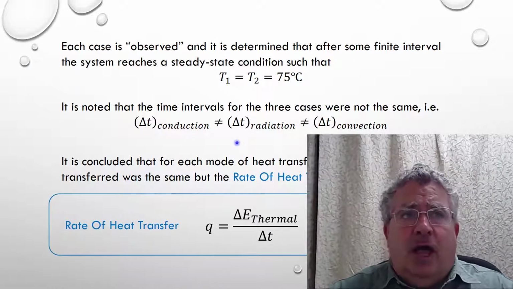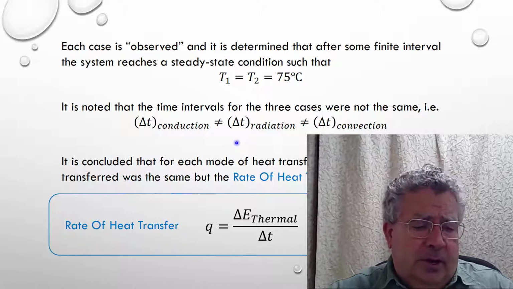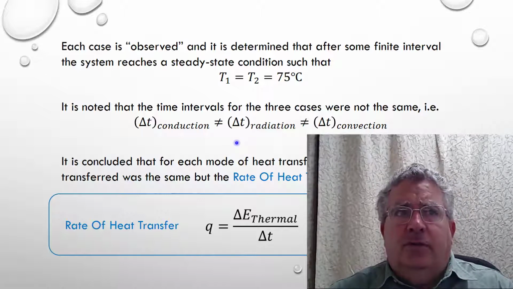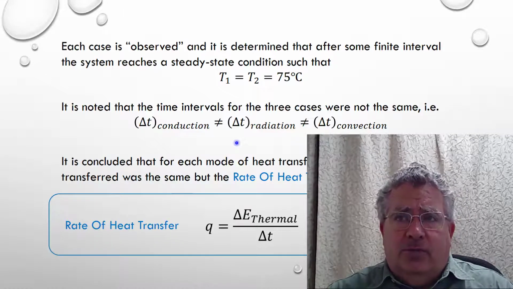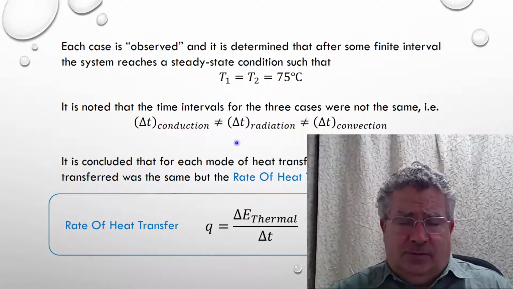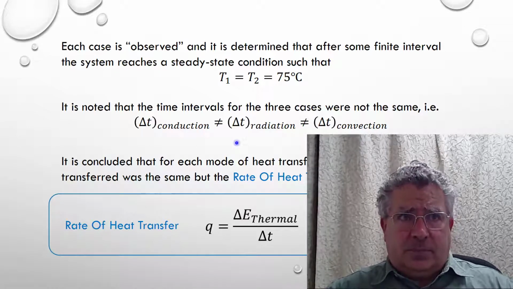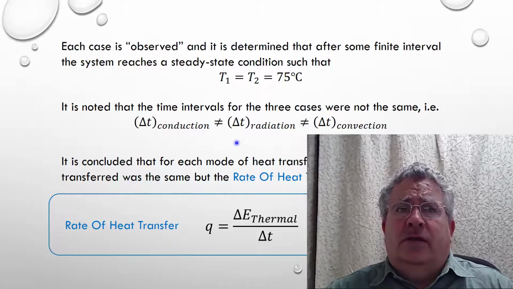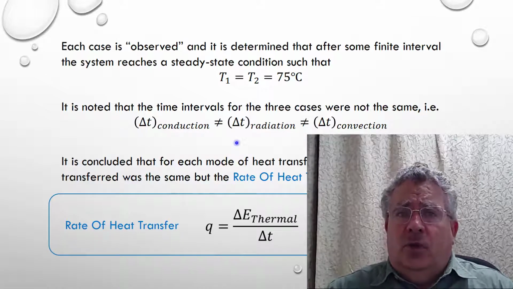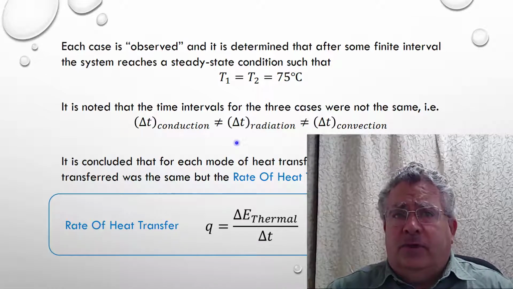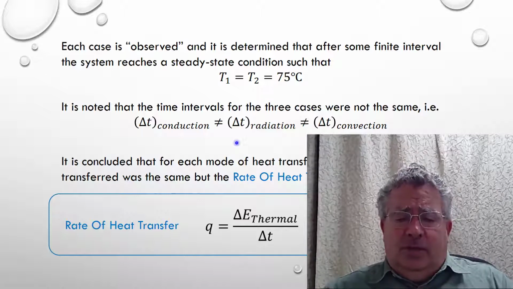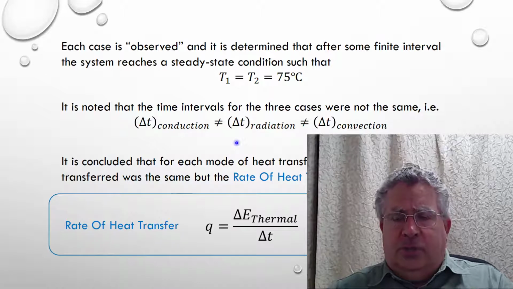Once we set the timer and let time continue, we will find that after some finite interval of time, each system will reach a steady state such that T1 equals T2 equals 75 degrees.